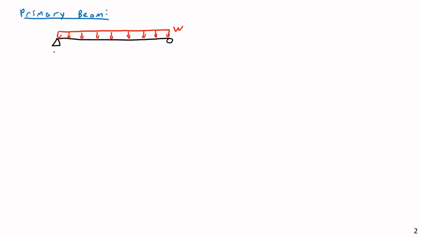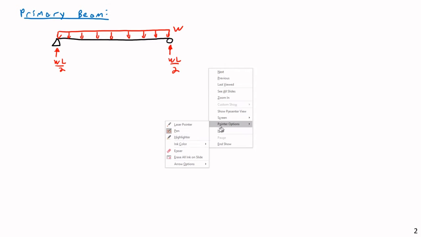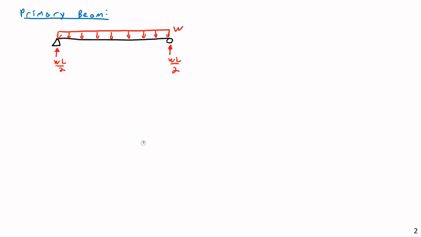Then I'll have the same reactions, WL over 2. That's not going to change. And a WL over 2 on the right-hand side as well. Then this is going to have a length of L. Again, nothing new here.